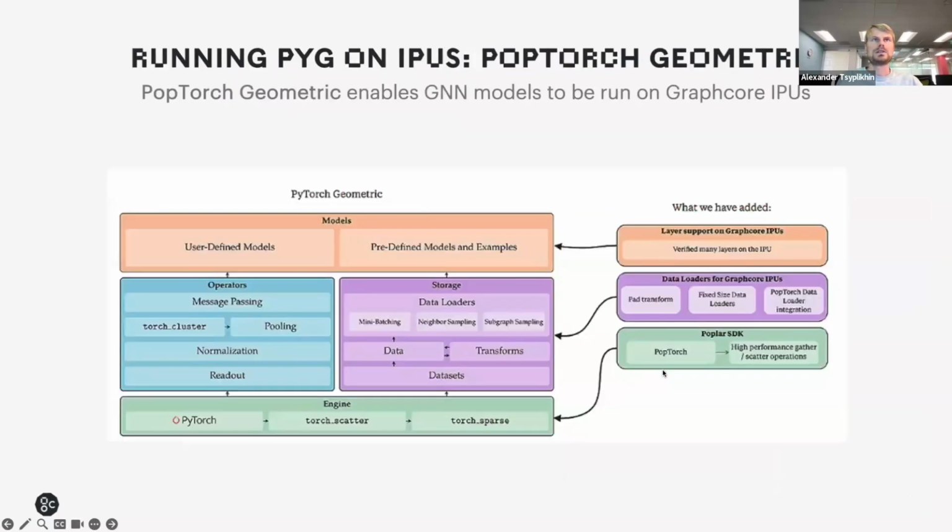And specifically for PyTorch Geometric, we have enabled a set of optimizations at different layers of the software, starting from the layers and examples optimized for IPUs that are important for PyTorch Geometric.